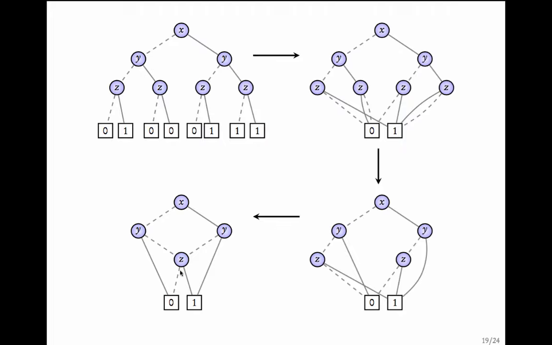So this one's dashed edge goes here and the thick edge goes here, and this one's one edge, so I can also call it the one edge, this goes to 0. Similar to this, we just copy it. Now this uses fewer nodes than this one, and this is a binary decision diagram.